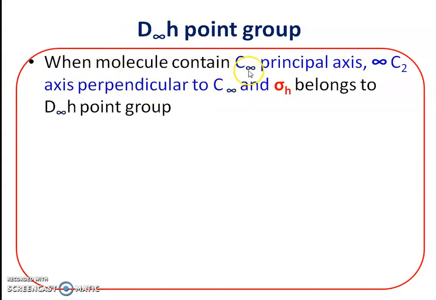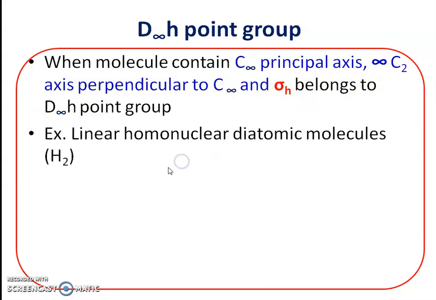When a molecule contains a C infinity principal axis, an infinity number of C2 secondary axes perpendicular to C infinity, and a horizontal plane, then it belongs to the D infinity H point group.